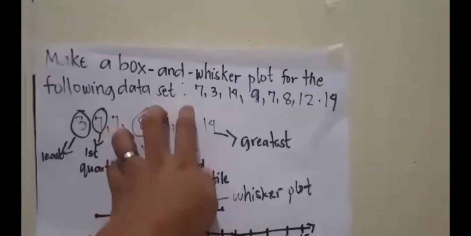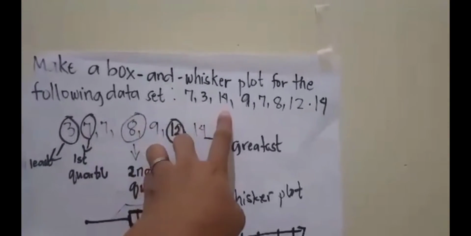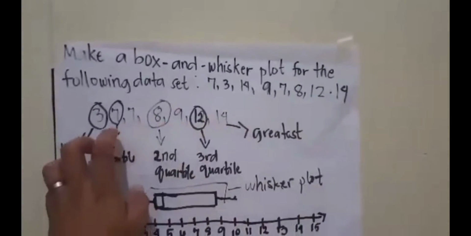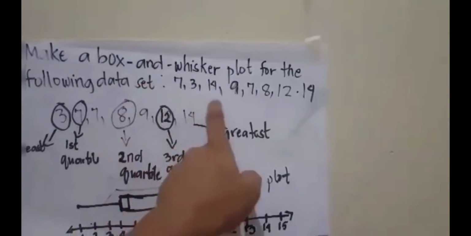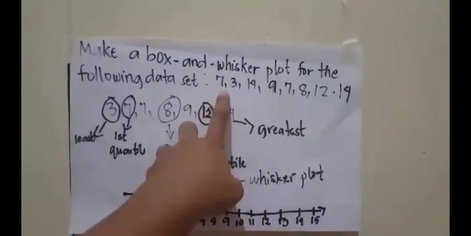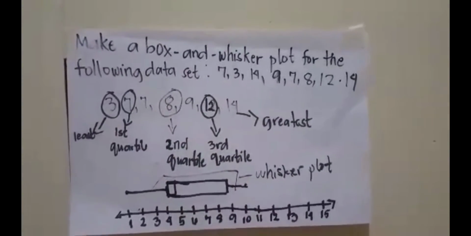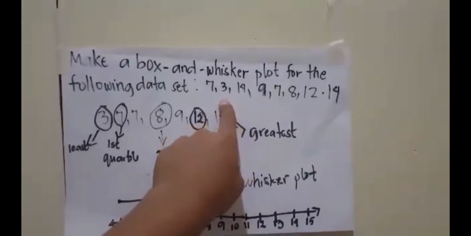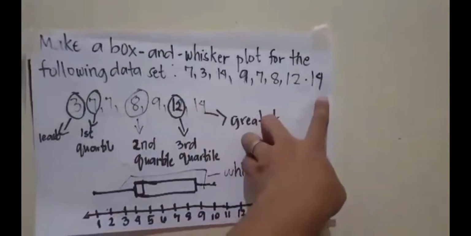First, we have here the numbers 7, 3, 14, 9, 7, 8, 12, and 13. Ang susunod mong gawin is to arrange the numbers from the least to greatest, mula sa baba na number hanggang sa pinakamataas.